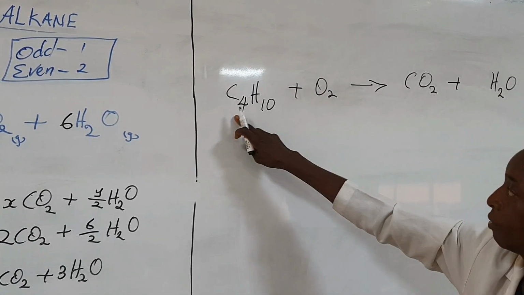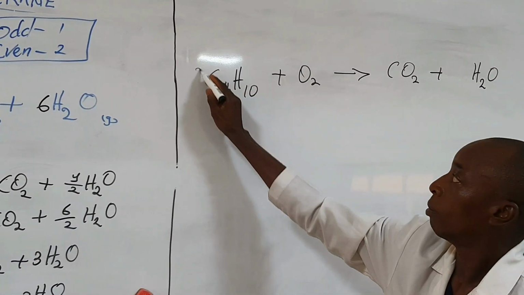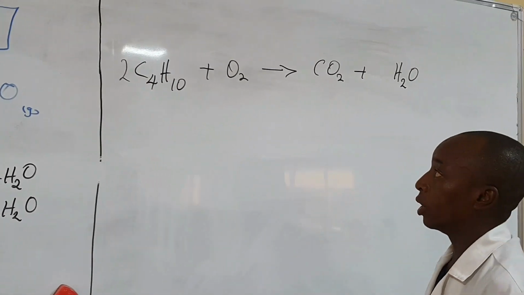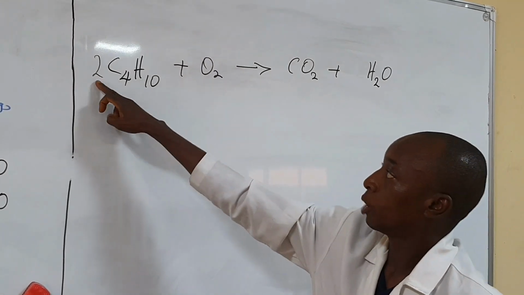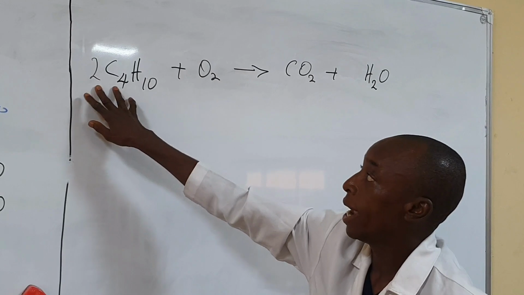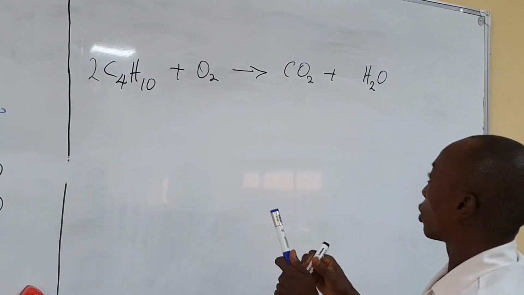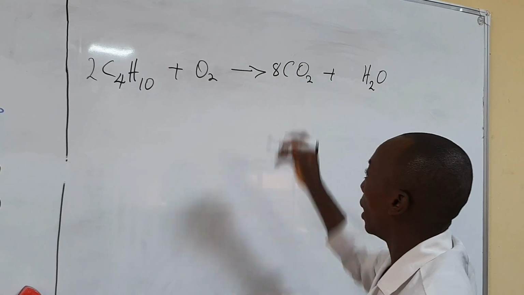Yes, this is another even number of carbon. The sharp way to go about that is to double the number of moles of your reactant, which means we have 4 times 2, 8 atoms of carbon. To make these 8 atoms of carbon, we put 8 here.